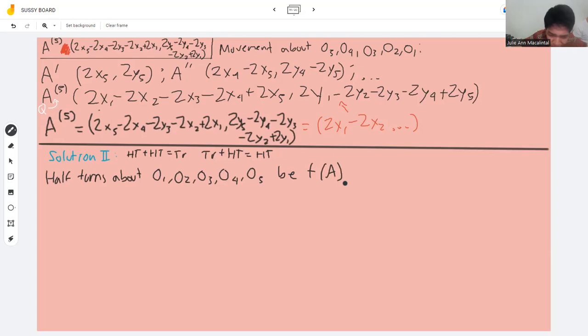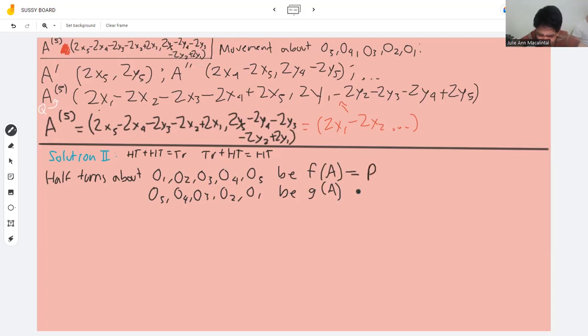Read the overall transformation as a function. Then, so it's another translation.